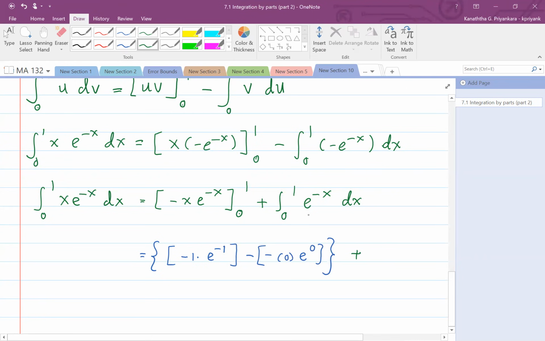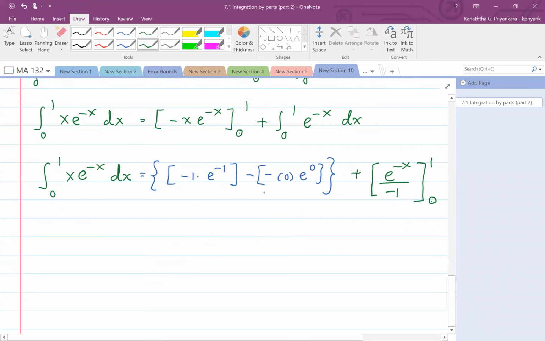we need to compute the antiderivative of e to the power negative x. So as we did earlier, this becomes the antiderivative of e to the power negative x divided by the derivative of negative x, which is negative 1. So we need to evaluate from 0 to 1.